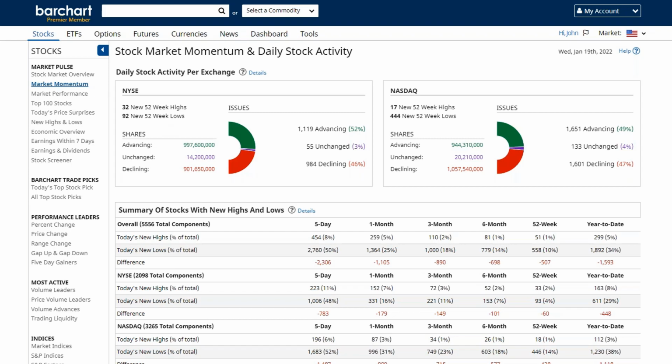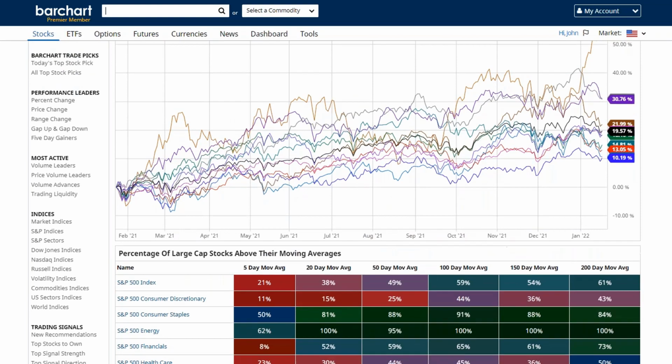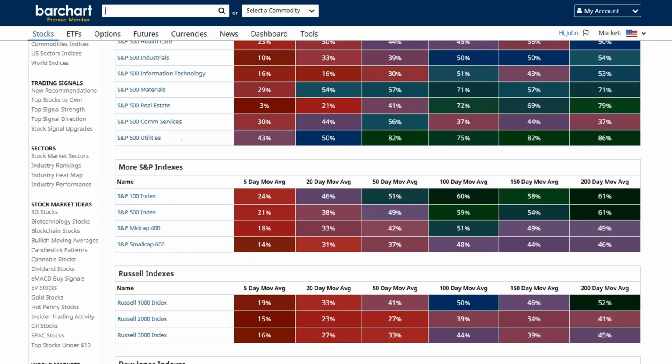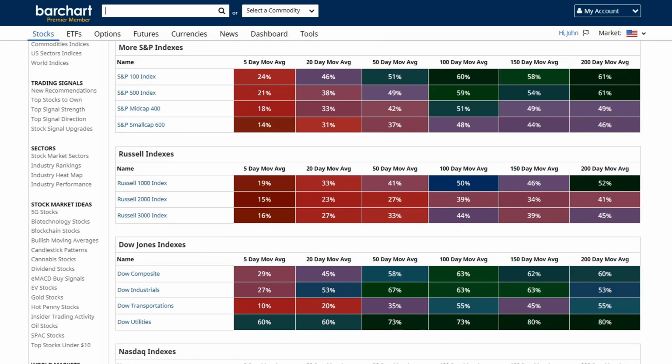The other thing we can do is go into the stock performance page as a way to look at market momentum. When we come down to these grids, what we're looking at is the number of stocks that are above these different moving averages. I want us to concentrate more on the indexes themselves and the 50-day and the 200-day.